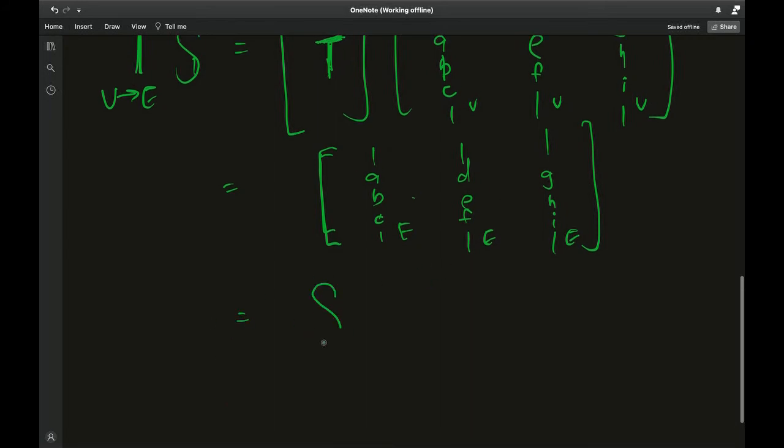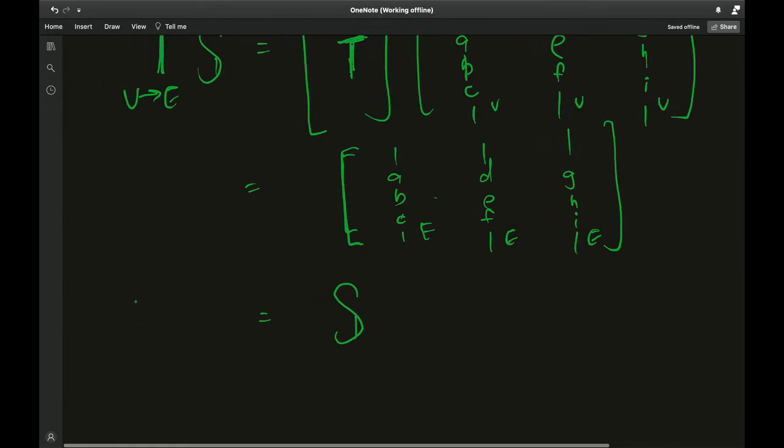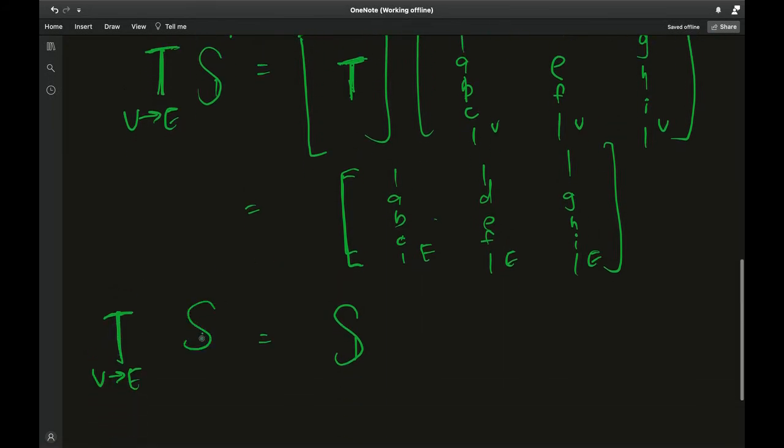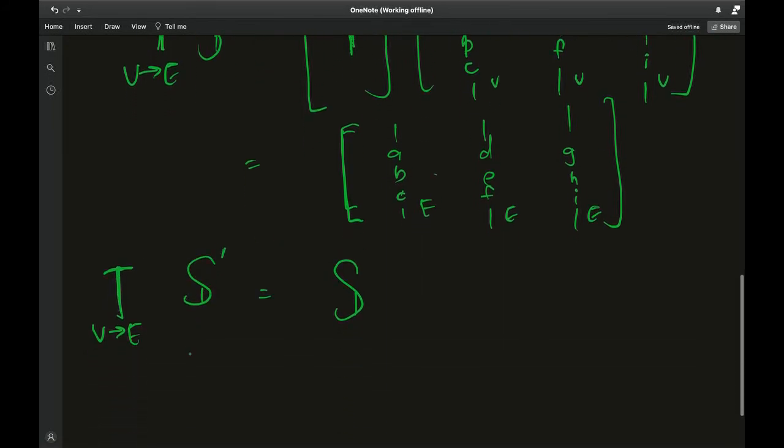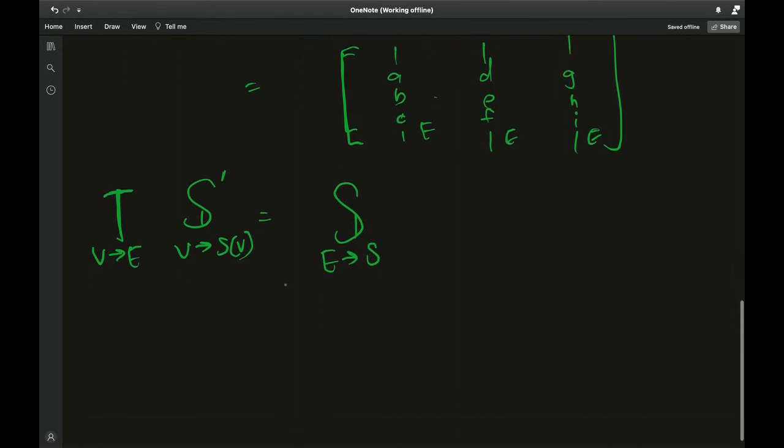And this is precisely our S. So if you apply a change of basis transformation matrix T on our boldface S dash, which was taking stuff from V to S of V, you get boldface S, which takes stuff from the standard basis to S. So basically T is changing this inner V to E transformation. You can think about it that way.